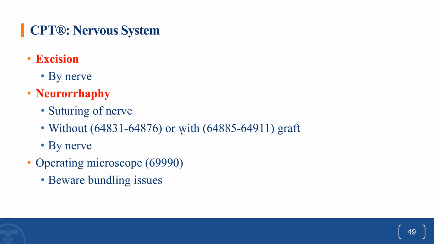So it's always important to know before you add on, if you read in the question that he's using an operating microscope, always look in the CPT definition to see whether an operating microscope is included or not before you code it. That's why it states on this slide, beware of the bundling.